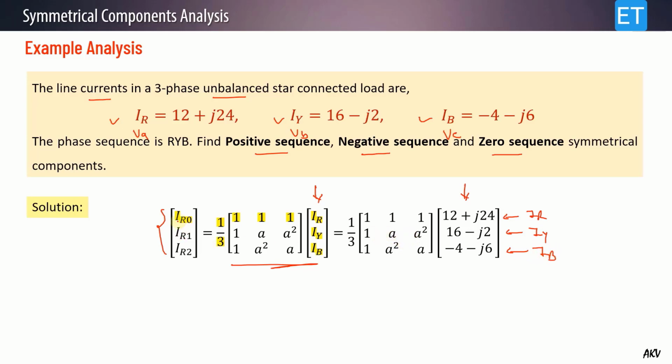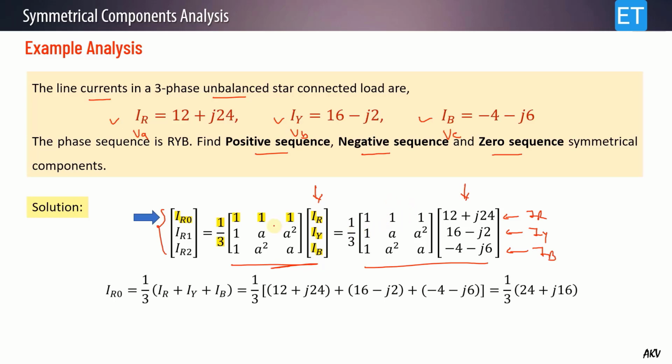I can find these IR0, IR1 and IR2 just by multiplying these two matrices. I will do a row-wise operation. To get IR0, I will multiply only the first row with this column matrix. Obviously, IR0 is equal to 1 by 3, 1 1 1 multiplied with this column, so it is IR plus IY plus IB.